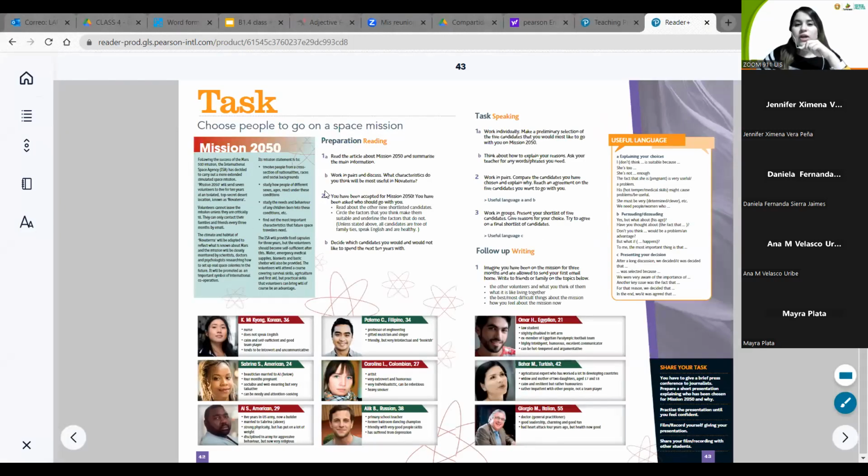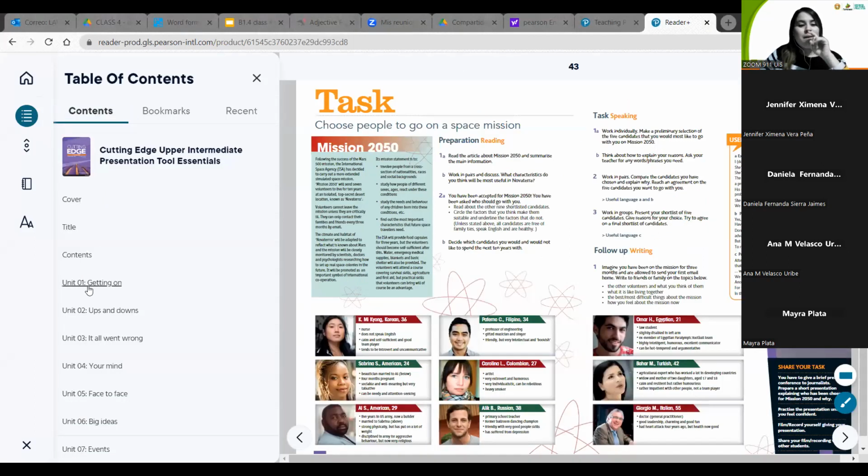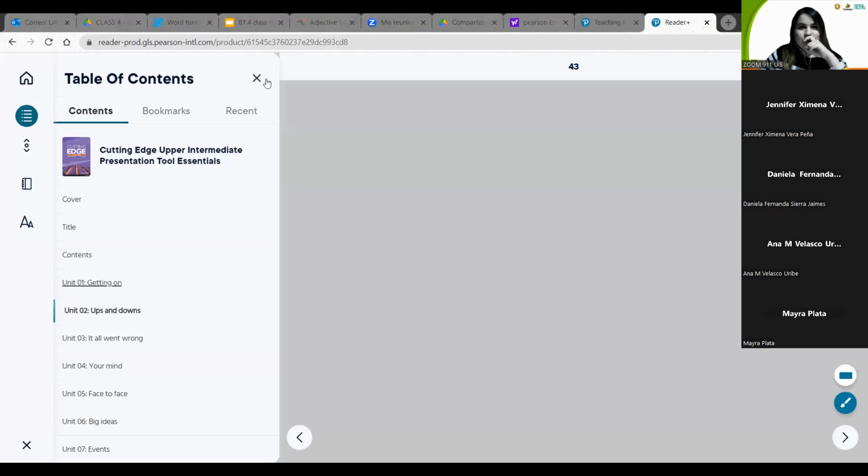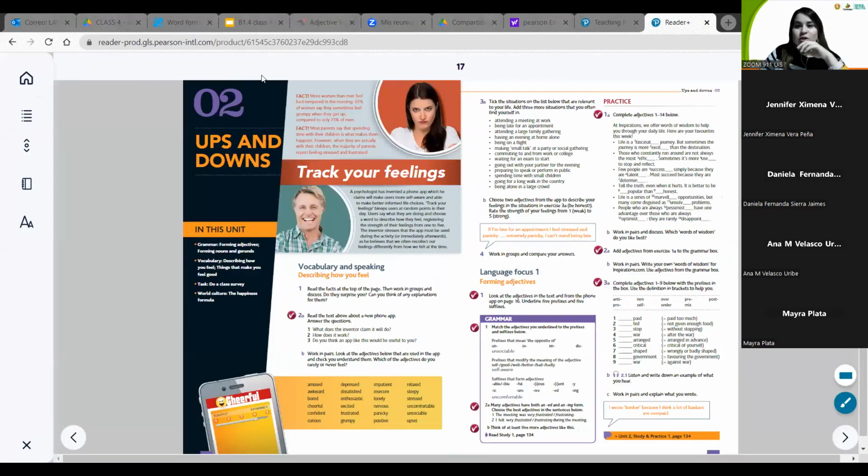Teacher, that was the book. Yeah, I know it was a book. However, there are different versions. In the previous one, look here. I'm going to show you why I don't like that other version.